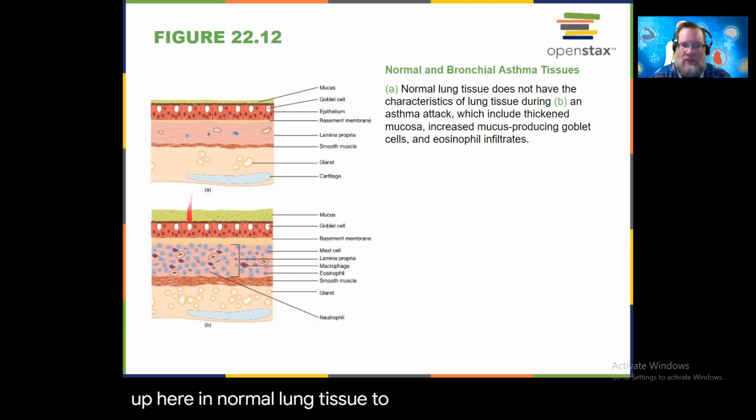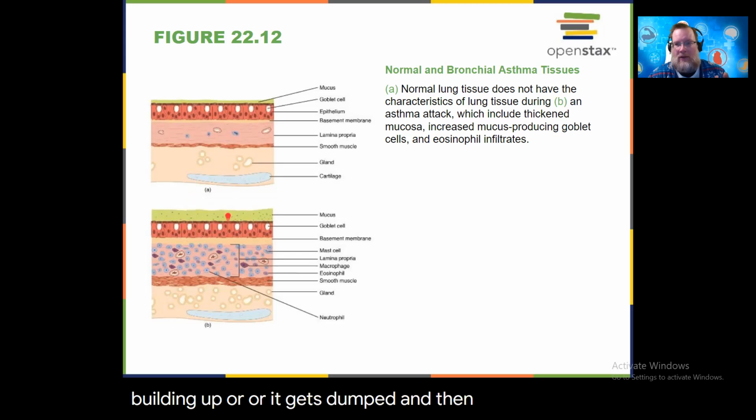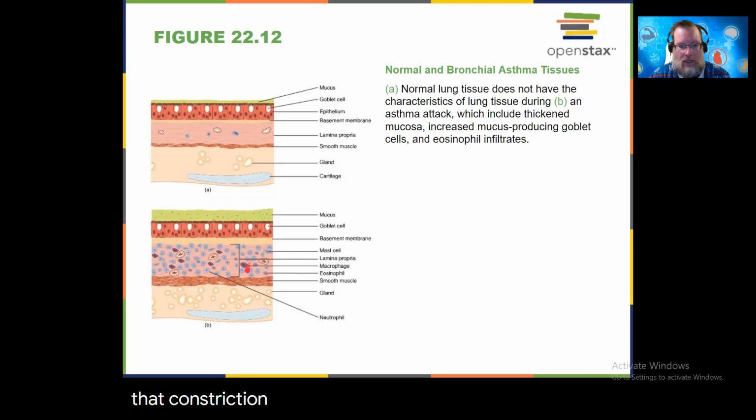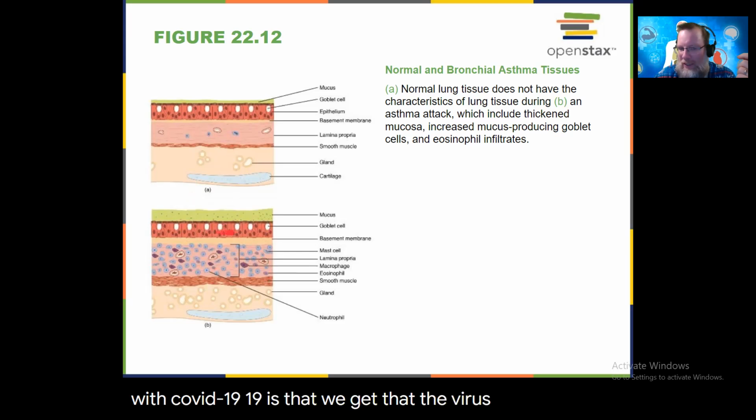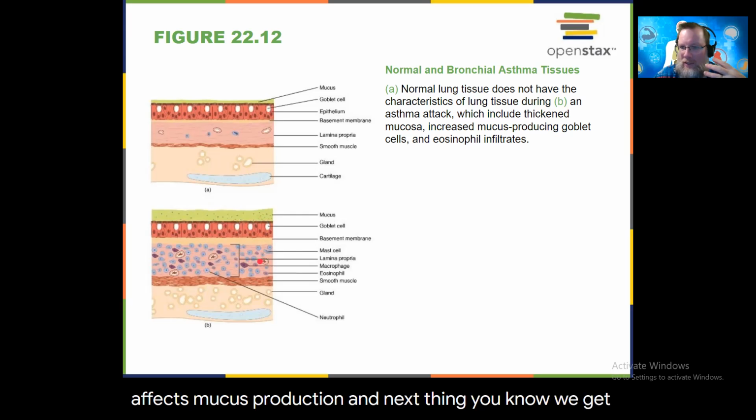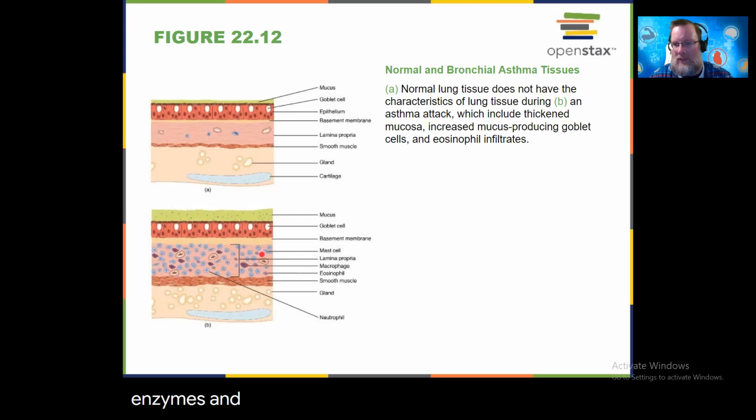Okay, so during an asthma attack, all that mucus has been building up and building up, or it gets dumped, and then they hit that constriction, and that triggers the immune system to kick in. This is what we're seeing again with COVID-19: the virus comes in and affects mucus production. Next thing you know, we get enzymes and inhibitors and neutralizers, and immune dominoes just start falling.